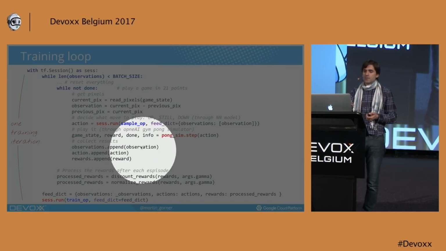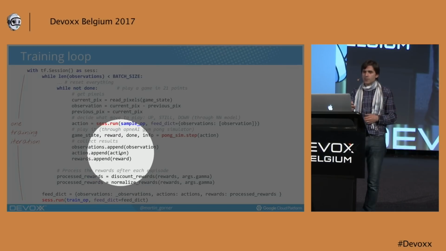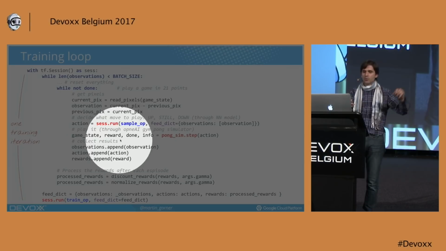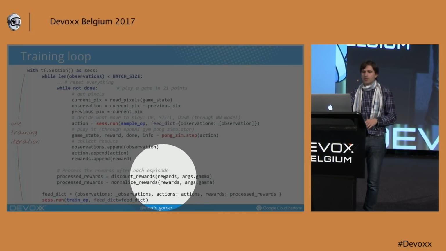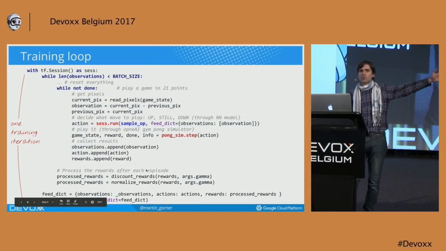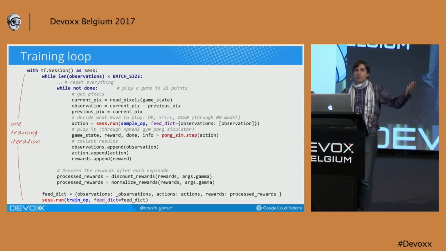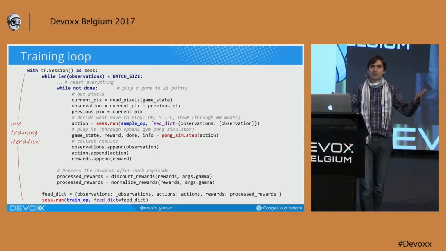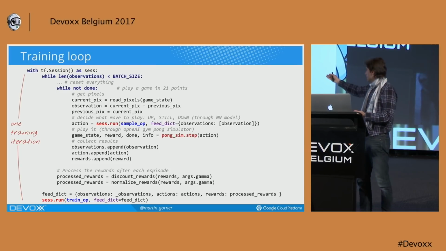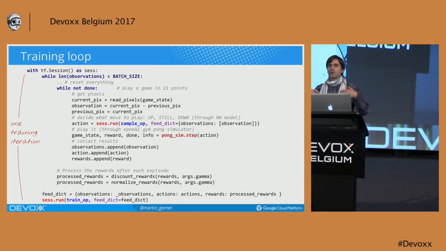And we stack all of this information for later. Once a game is finished, it's finished at 21 points, we compute all the discounted rewards for all the points marked in the game, and that's our one batch in our training data set. The last two lines run one training step on this data set.